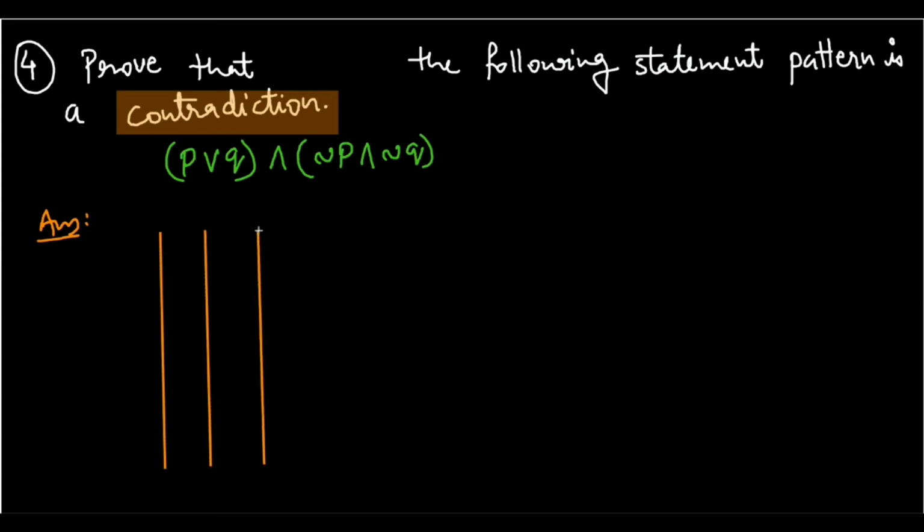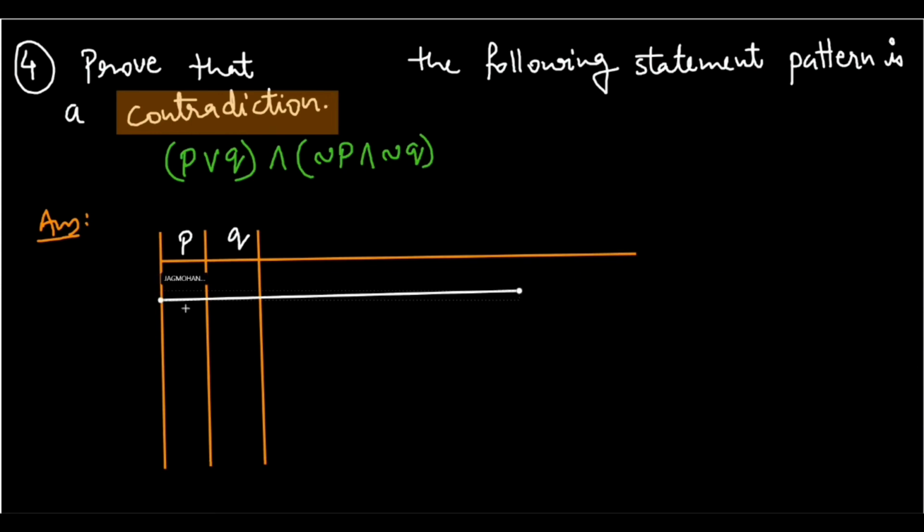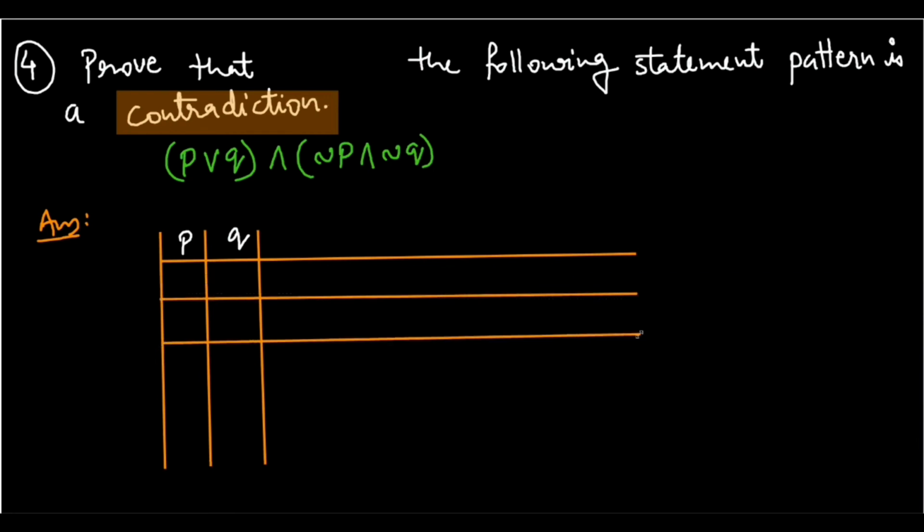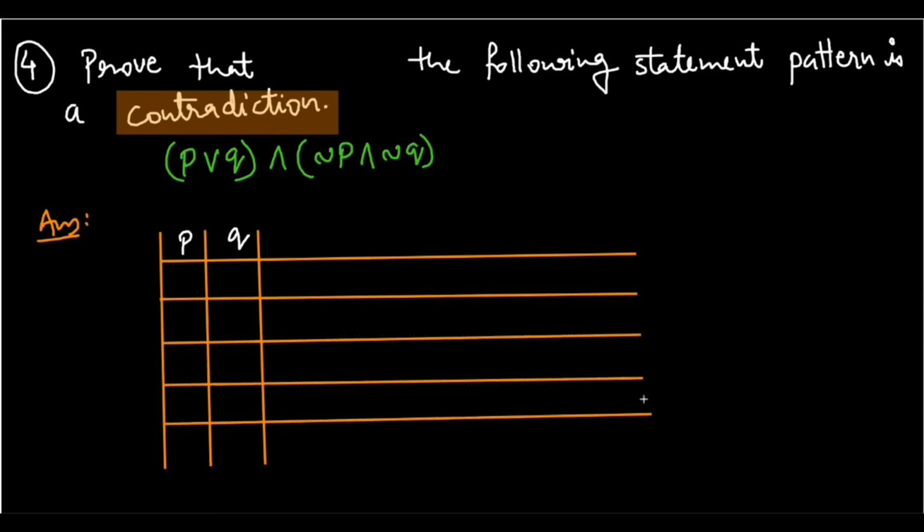So the first thing I do is make the header, which is P and Q. After that I have to make 4 rows: the first row, second row, third row, and the fourth row. I've got 4 rows. Fine.